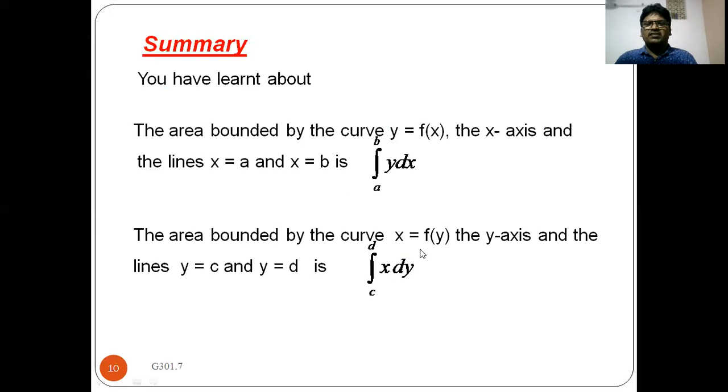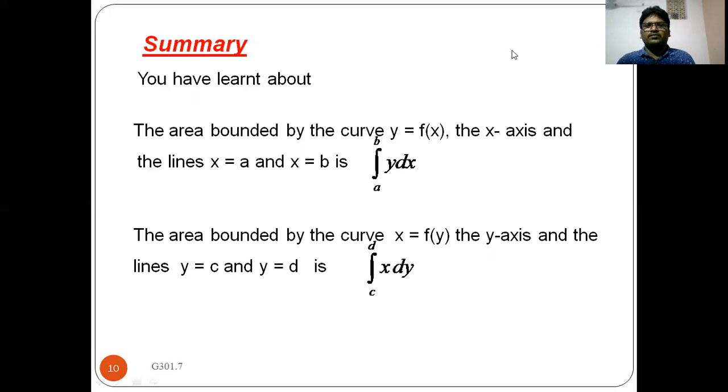Here the limits of the y-axis are given, y equal to c and y equal to d. So there are two formulas: the first one is about the x-axis and the second one is about the y-axis.